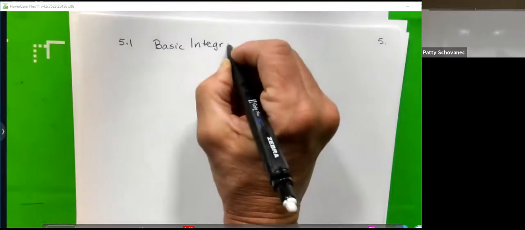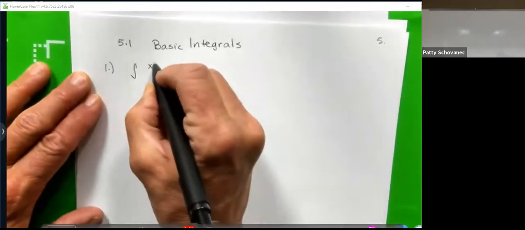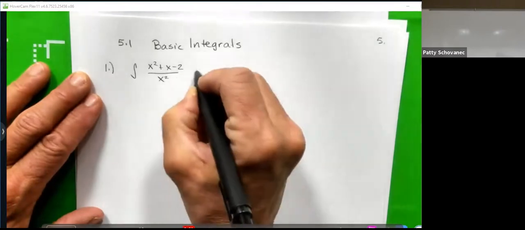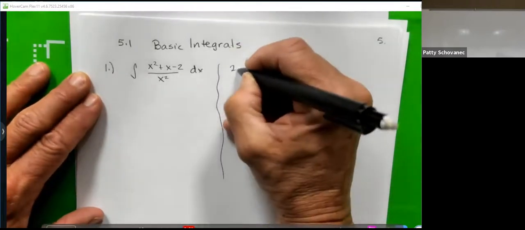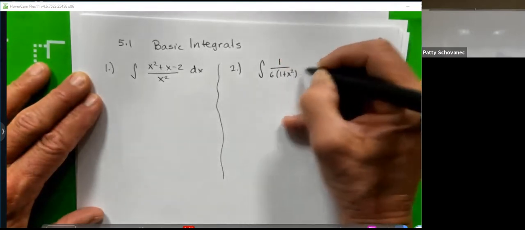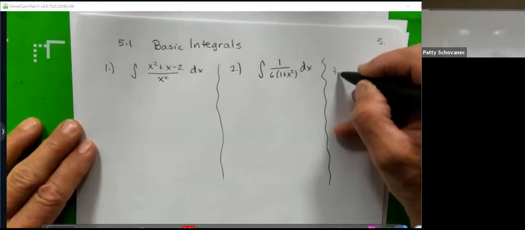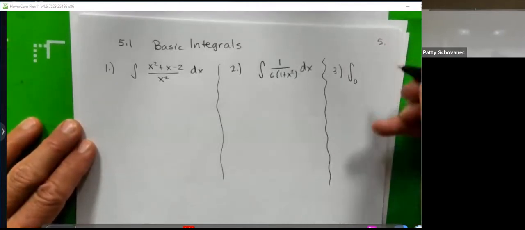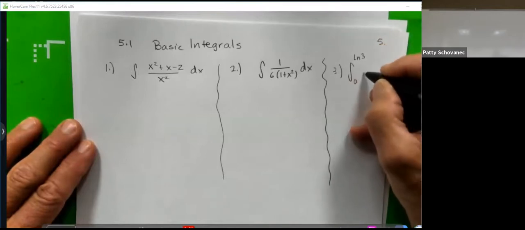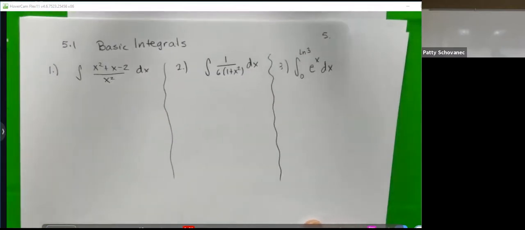I think most of you can do all these by now, but let's just look at maybe 3 of them. All right, can you do those 3 right there?